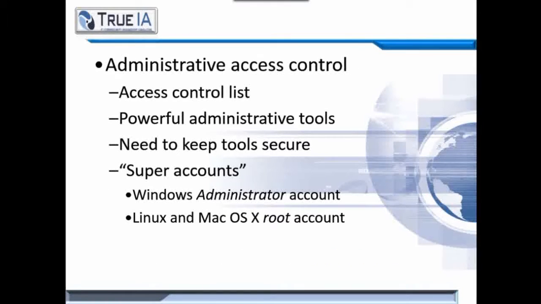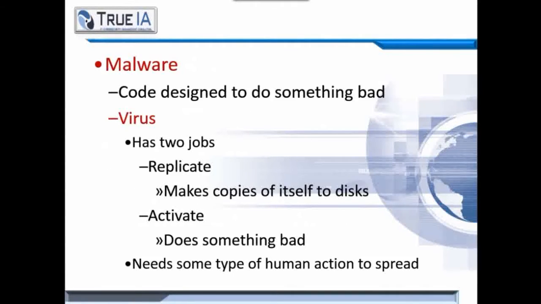When it comes to how we protect the data, we do this primarily by controlling access, whether by an access control list or individual administrative accounts. We are especially mindful of what we consider super accounts, like the Windows administrator or the root in Linux or Mac. Next, we have malware.